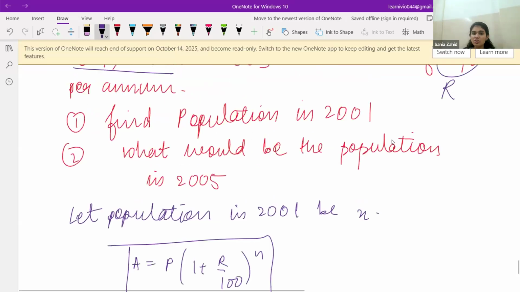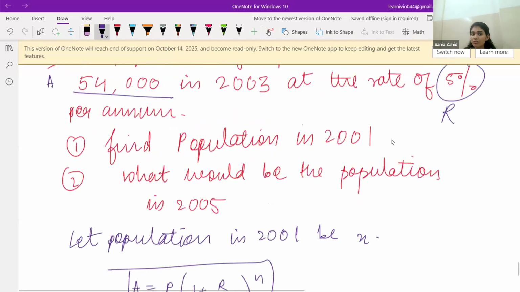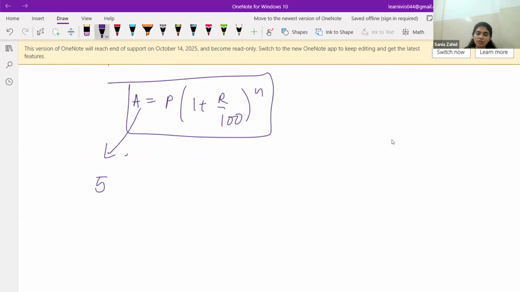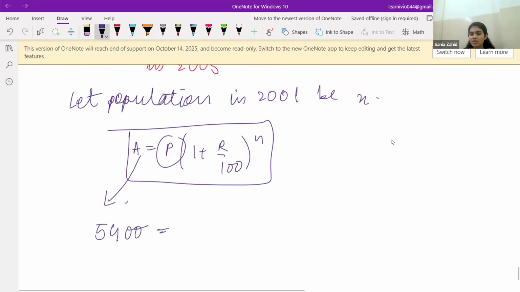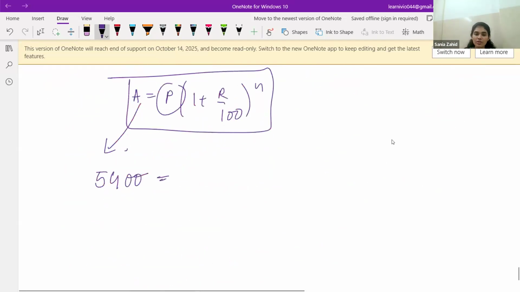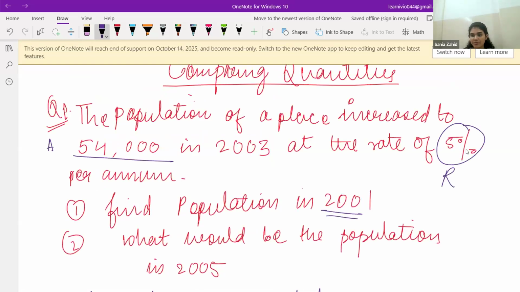Children, over here, the amount is what it has increased to, after the increase. So here the amount is 54,000, okay? So 54,000 is equal to principal, which is the initial value. So the initial value is X because initially in 2001 the population was X, into 1 plus, now what is the rate? The rate is 5%. So write 5 by 100.